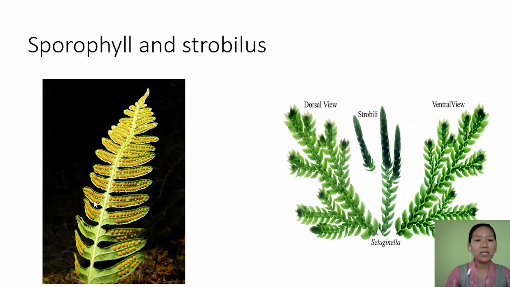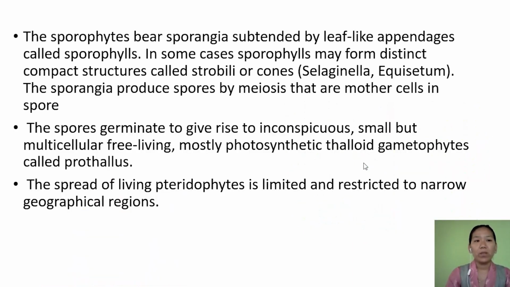Here you can see the extended leaf, and sometimes the sporophylls become compact, tightly packed, and form a structure called strobili. In the case of Selaginella, you find strobili. So the sporophyte, the plant body, bears sporangia, and they are present on the sporophyll.